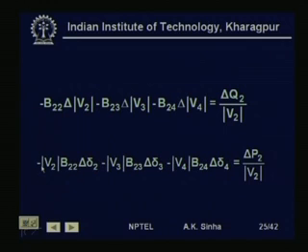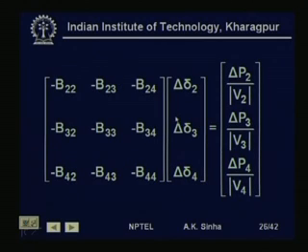So, we have minus V2 into B22 delta 2 minus V3 into B23 delta 3 minus V4 into B24 into delta 4 is equal to del P2 by V2.